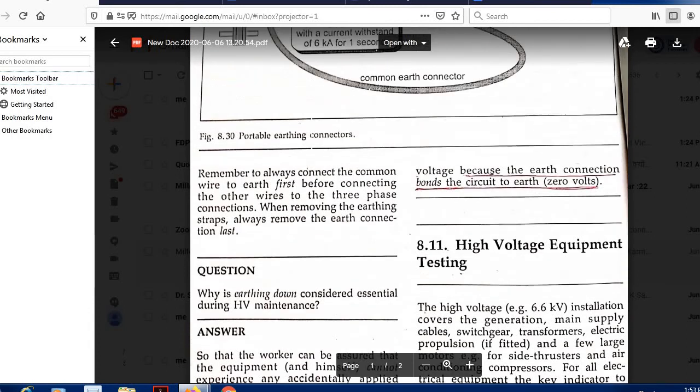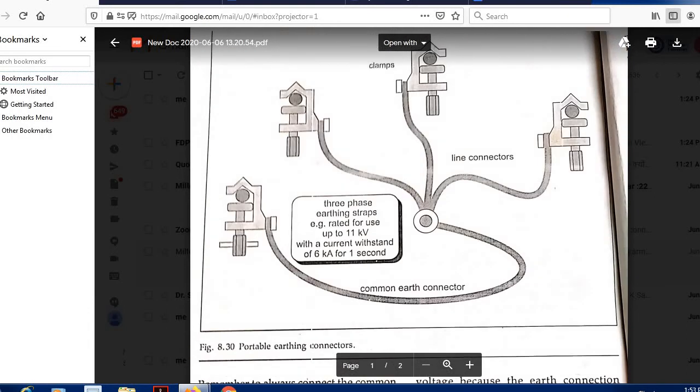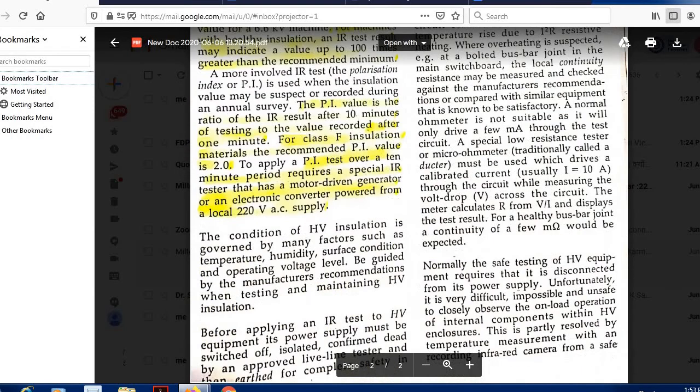Then next, what is the minimum value which we can accept in a high voltage system? Suppose somebody asks you, what is the minimum value of insulation resistance in a high voltage system, let us say 6.6 kV? What should be the minimum insulation resistance for a system operating at 6.6 kV?